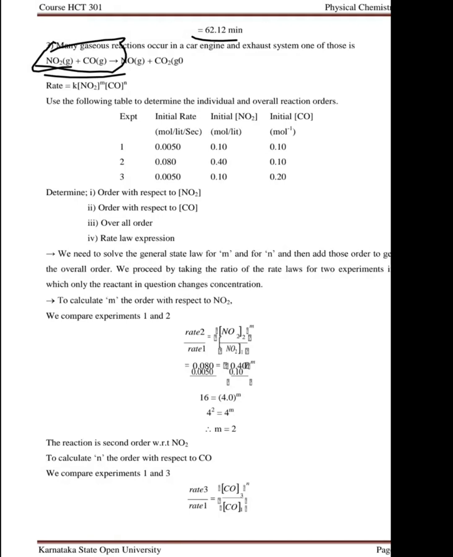For example, the initial concentration of this is 0.050, 0.080. These are the three experiments, where these are the initial concentrations of NO2 and these are the initial concentrations of carbon monoxide.